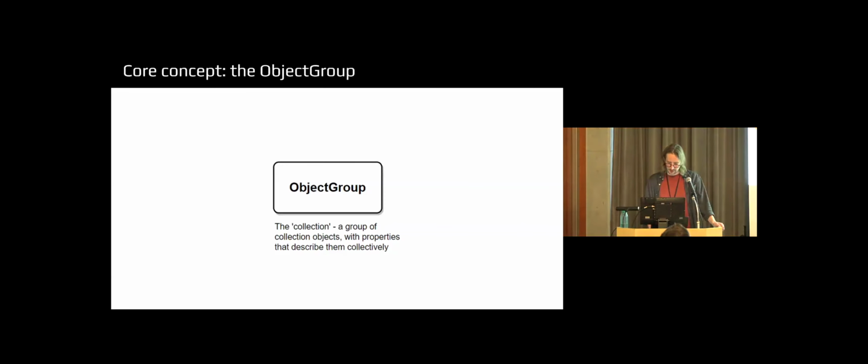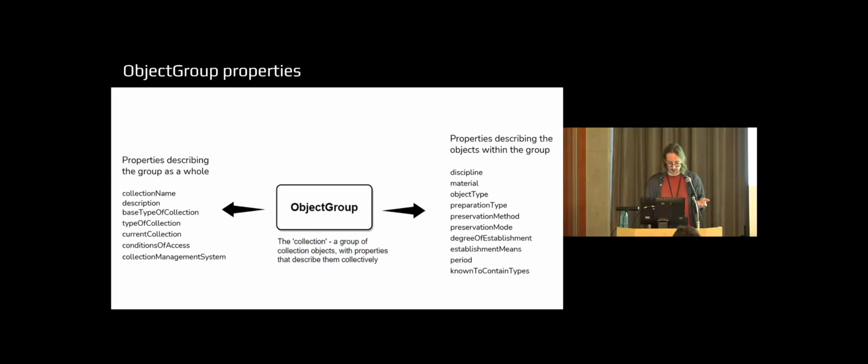So one of the key concepts with Latimer Core is understanding what we mean by object group. As the name suggests, this represents the concept of a collection of objects, but in the sense that depending on the use case, it could represent more than one collection of objects. So again, from an entire collection to a few objects in a drawer.